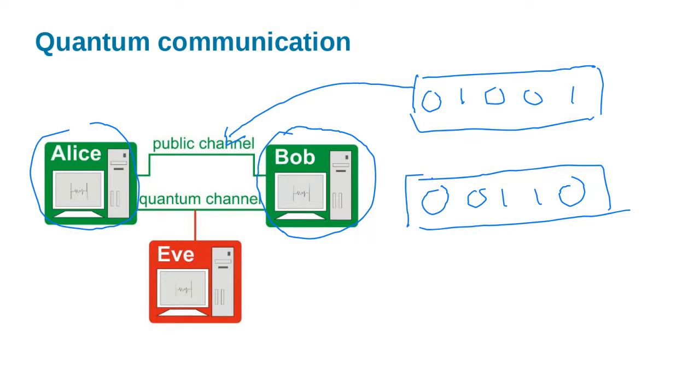So the key is that you need to get your encryption key sent securely between Alice and Bob. So you send your key over a quantum channel. So this is the thing that needs to be sent securely.